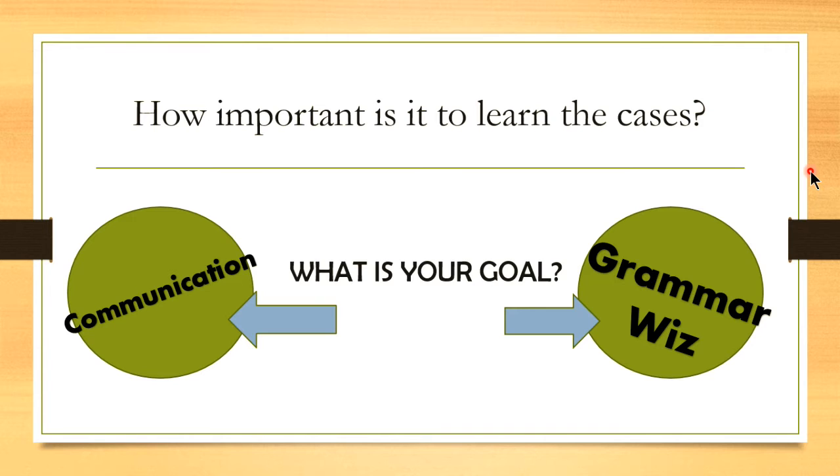And I'm here to tell you, for communication purposes, they're not that important. Even with getting all of them completely wrong, people will still be able to understand you. It will sound weird to them, but they can still understand you, and I guarantee you that they will be able to communicate with you still.